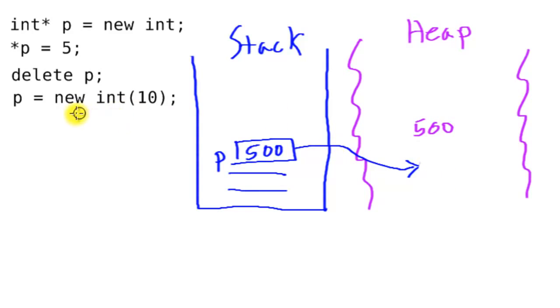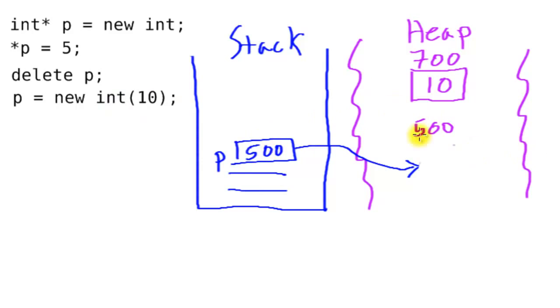But that's okay. We're about to reassign our pointer p to that int value that we create out on the heap. So let me go ahead and create that int value that we had before. So here we go. Let me use the right color. So we'll create that int value out on the heap. And we said that the int value will initially have the value of 10. And we said that this was at address 700. So what we'll do now, after this operation has occurred, the new operator returns this address 700.